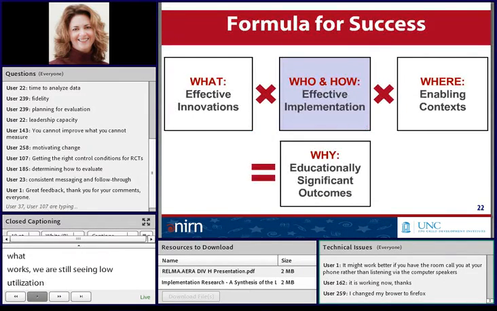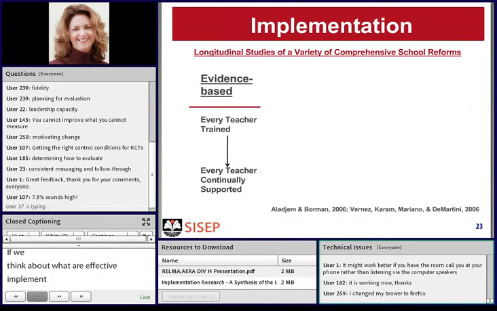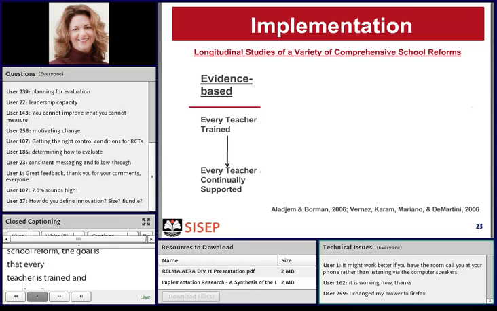If we think about what effective implementation methods are, what do we see most commonly? If we look at some of the longitudinal studies on comprehensive school reforms, the goal is that every teacher is trained and continually supported on their use of evidence-based practices.